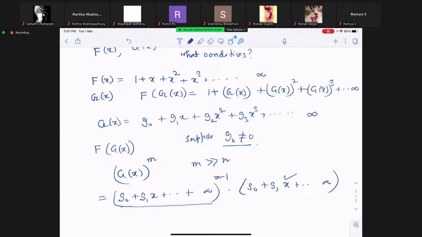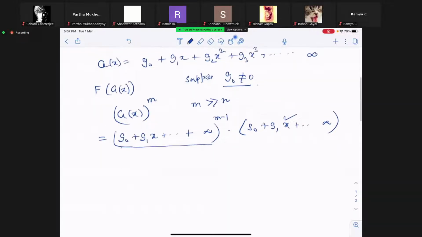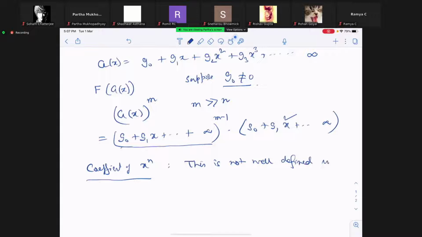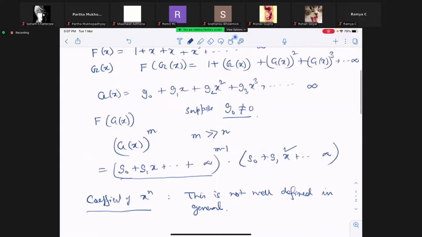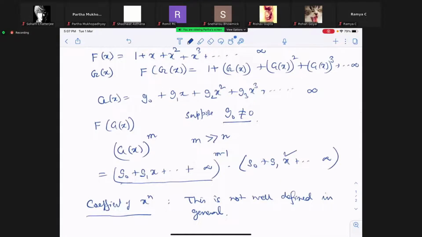There is nothing wrong in it, and this way it will continue. If I ask you to compute the coefficient of x to the n, this is not well defined. So this is the technical criterion that we have to keep in mind.